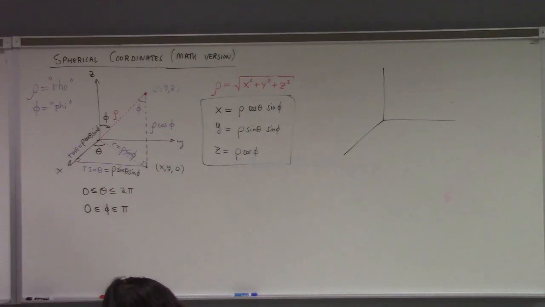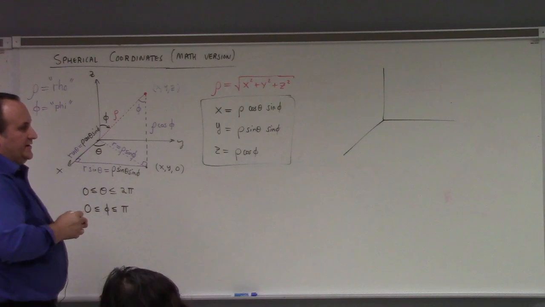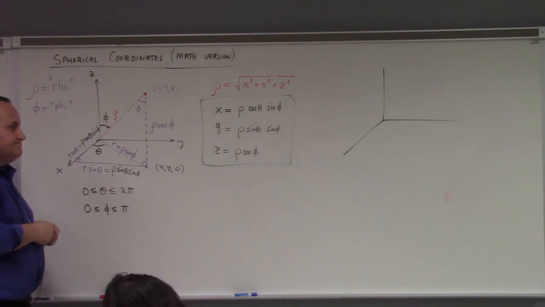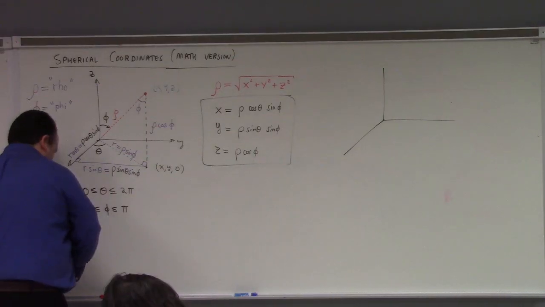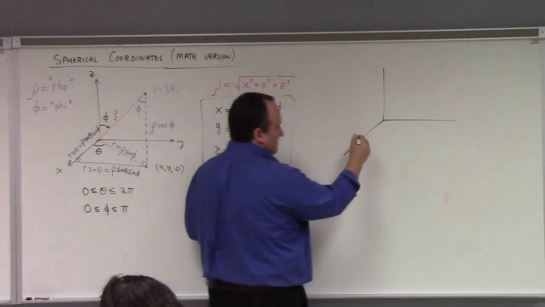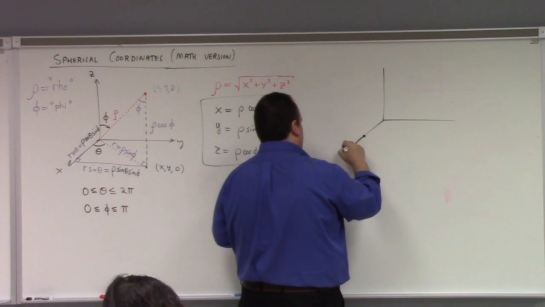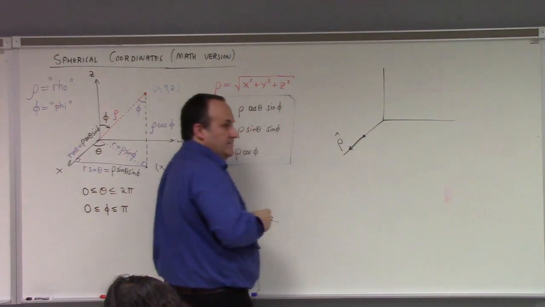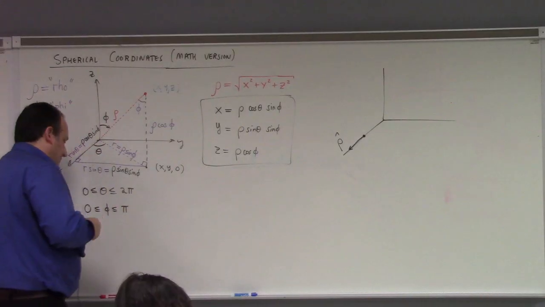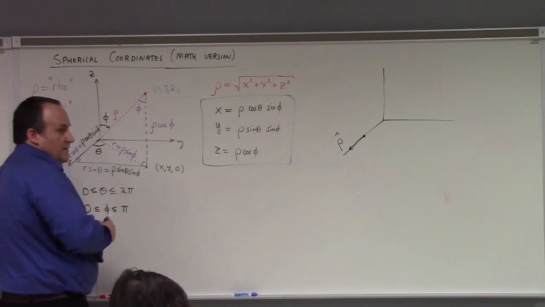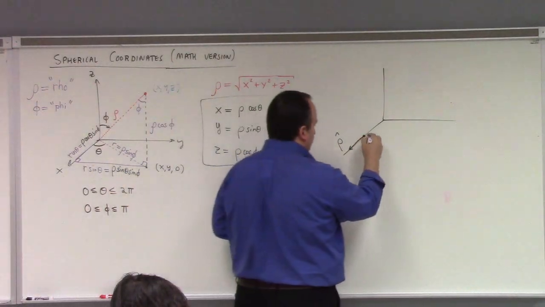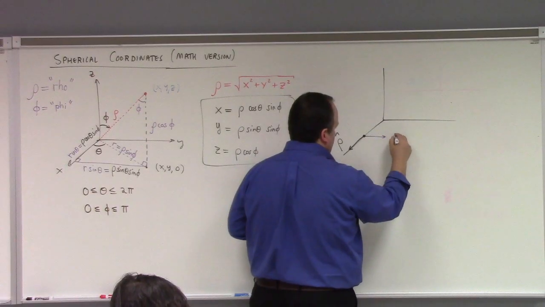So let me jump over to the spherical coordinate frame before I forget. If I pick a particular point, I like this point. So rho hat points radially out from the origin, like that. Theta hat, we already know the deal. Same theta hat as before.